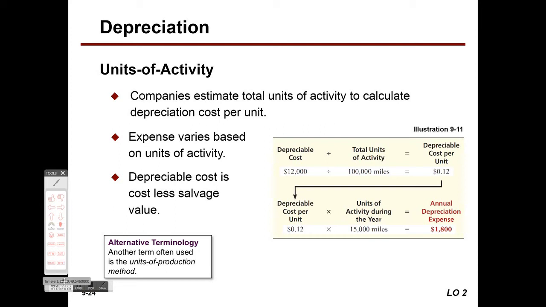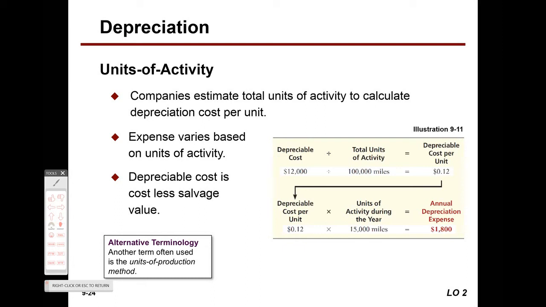Okay. Units of activity. So here we use a unit of activity. In this case, it's miles driven. So the first step in the computation of units of activity, you start with depreciable cost.